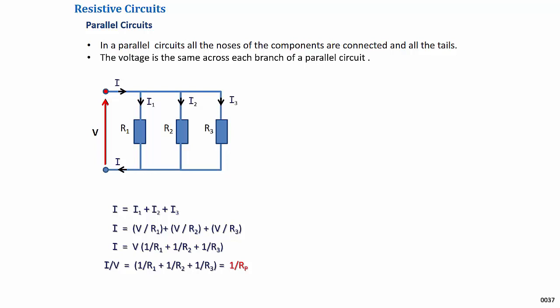The actual value of Rp may finally be determined by simply taking the reciprocal of this result. An equivalent of the parallel circuit may therefore be drawn where resistors R1, R2, and R3 are replaced by a single resistor, Rp.